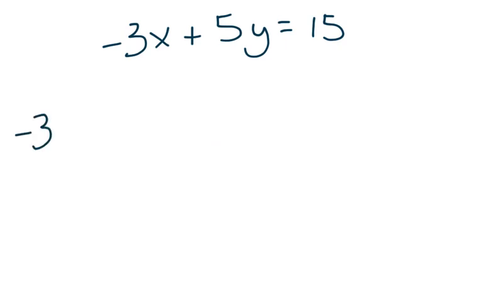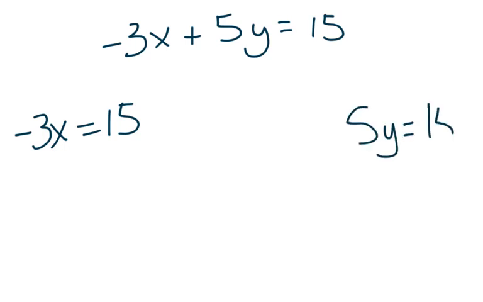Alright, so we have -3x equals 15. Then we have 5y equals 15. And again, don't forget, every time what we're really doing is we're making this go away and finding that answer. Then we make this go away and we find that answer. So whenever you make x 0, you find the intercept for y. When you make y 0, you find the intercept for x.